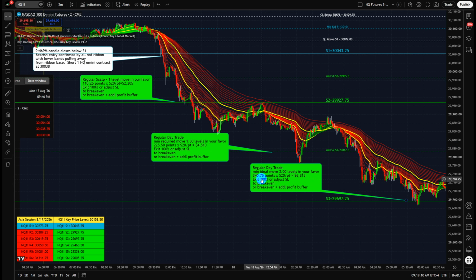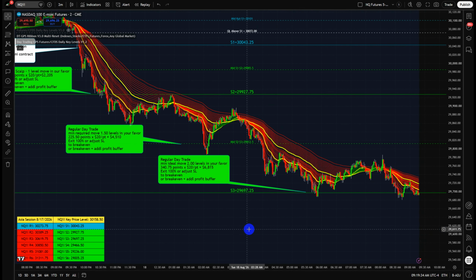From 30,038, that's 340.75 points, times $20 a point if it's just one regular E-mini, or $20 a point on 10 micros at $2 a point times 10 micros, same thing, $6,815.